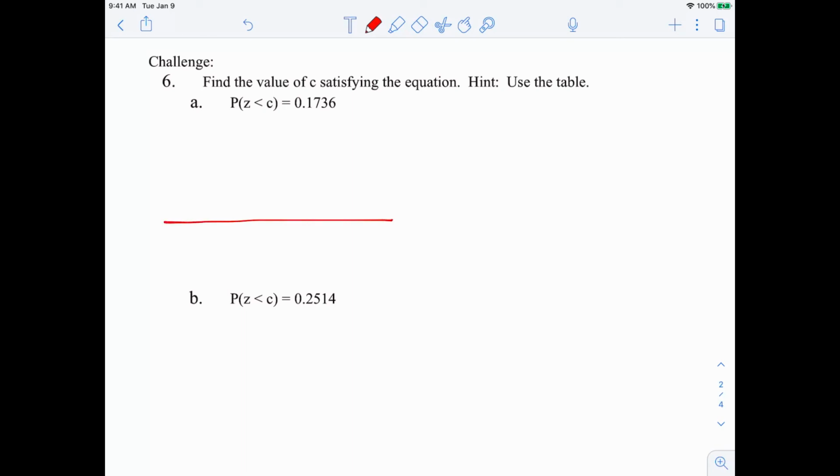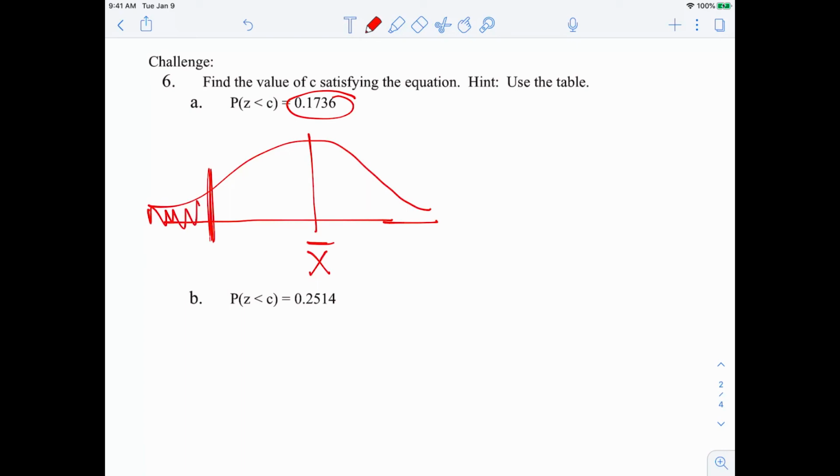So if I draw the model, I know the mean is right here, and if it was actually at the mean, 50% would be below that. But I know that the percentage below C is 17.36. And again, I know up to the mean is 50%. So 17.36 is about right here.